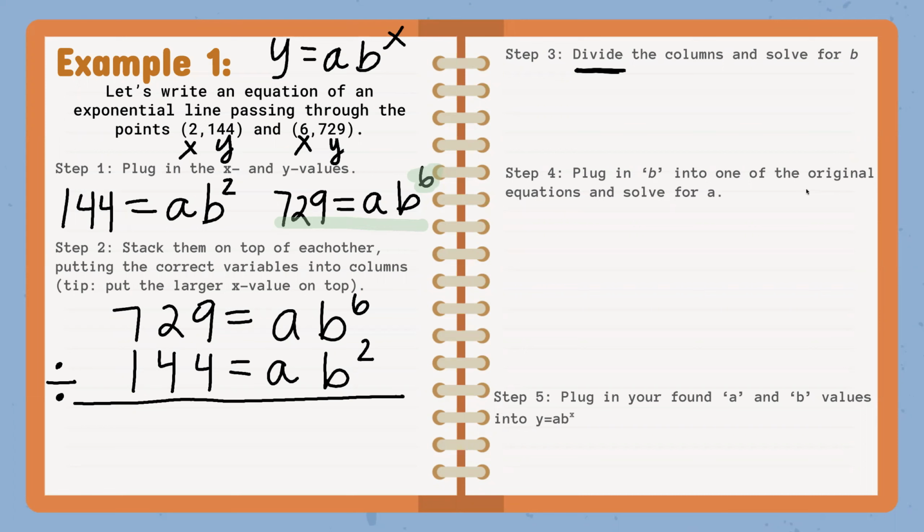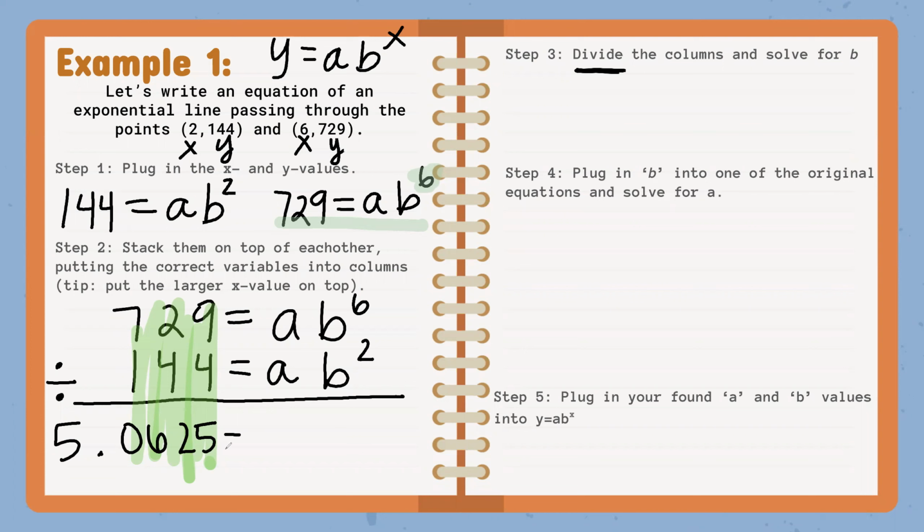Let's do this one first. In your calculator, see if it works out nicely. If you put 729 divided by 144 in your calculator, the decimal is actually not too bad. It is 5.0625.